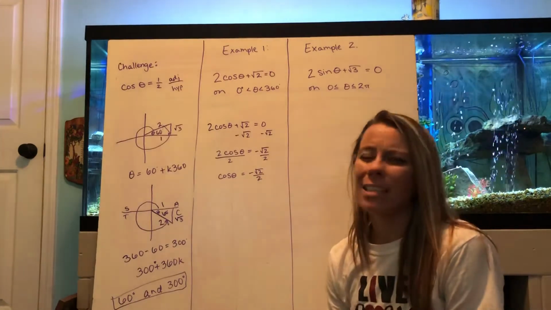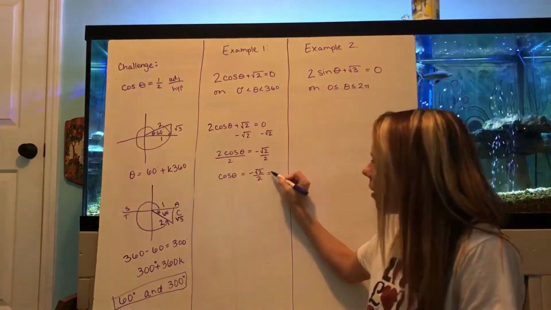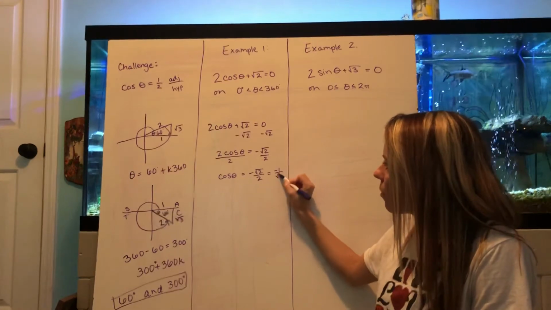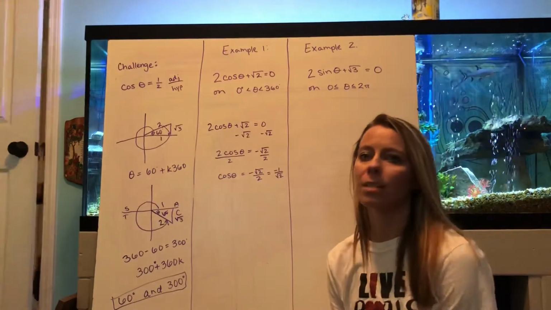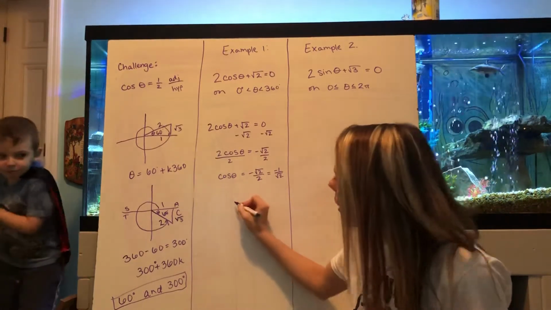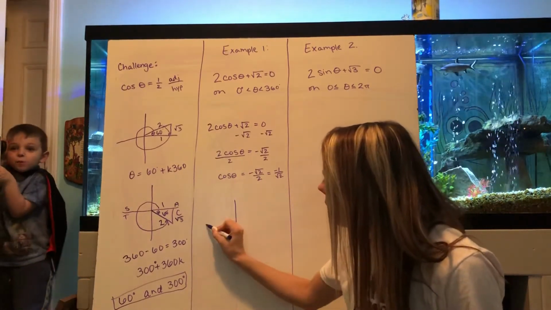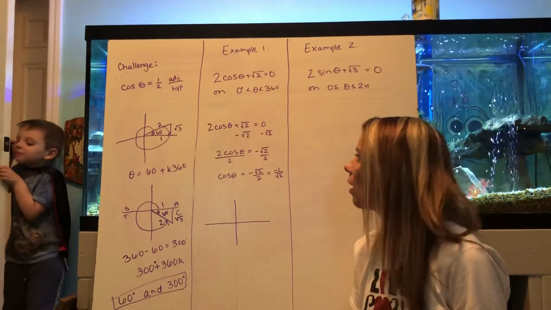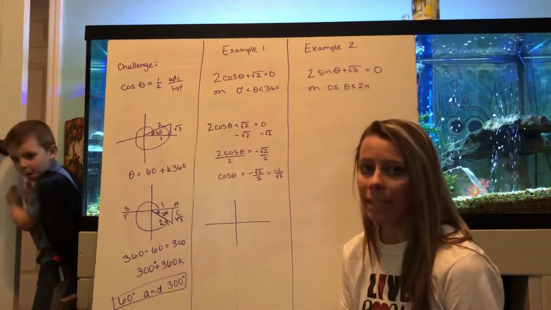And I recognize that as the same thing as negative 1 over root 2, which comes from my special 45, 45, 90 triangles. So if I draw my quadrants out, I know cosine has to be negative.